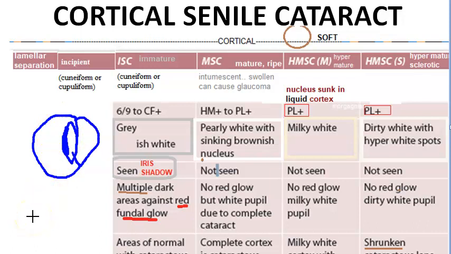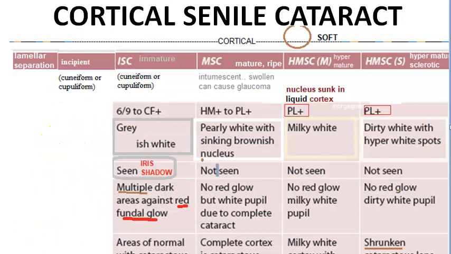So this will be cupuliform senile cortical cataract. Remember, cup: a saucer-shaped opacity develops just below the capsule, usually in the central part of the posterior cortex.